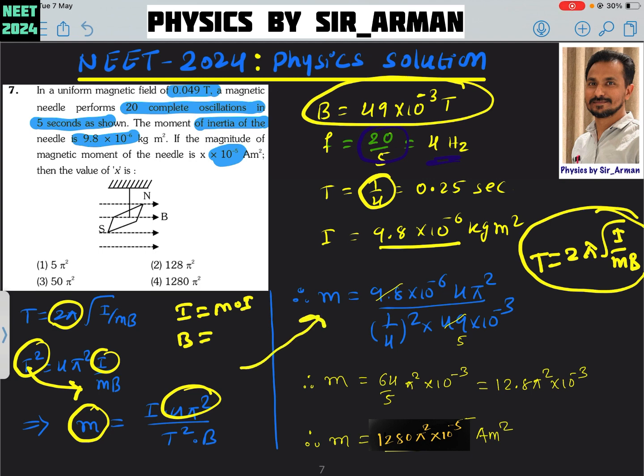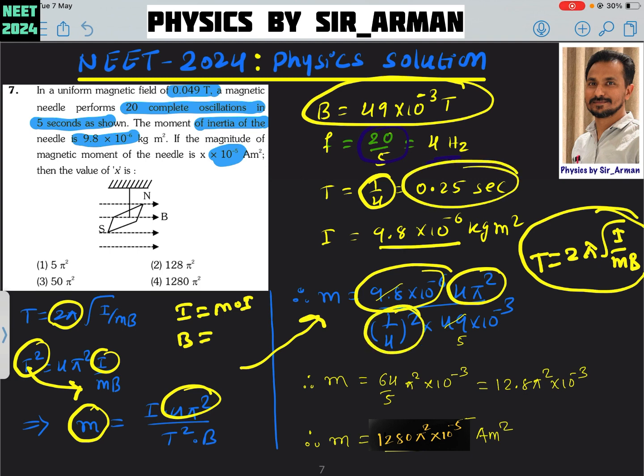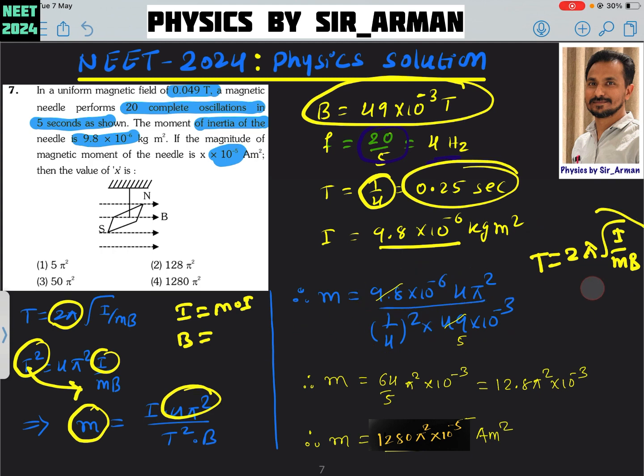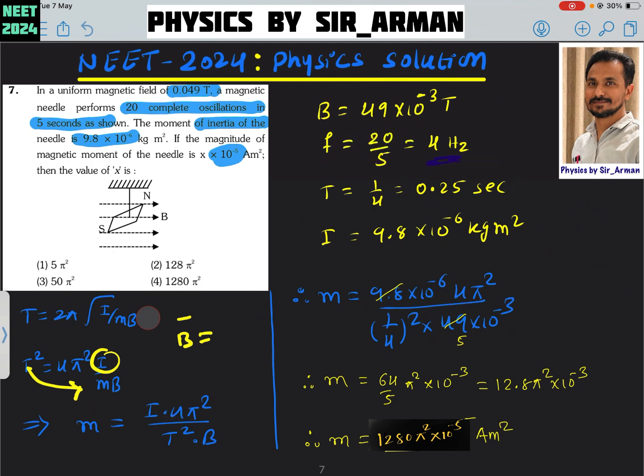The moment of inertia is 9.8 into 10 raised to minus 6, then 4 pi square, the time period is 1 by 4 seconds so 1 by 4 square, and the magnetic field is 49 into 10 raised to minus 3. The answer is in pi square, so we will not remove pi square. If you solve all this, you will get 1280 into 10 raised to minus 5 ampere meter square. So our correct answer is 1280 pi square, that is option number 4.